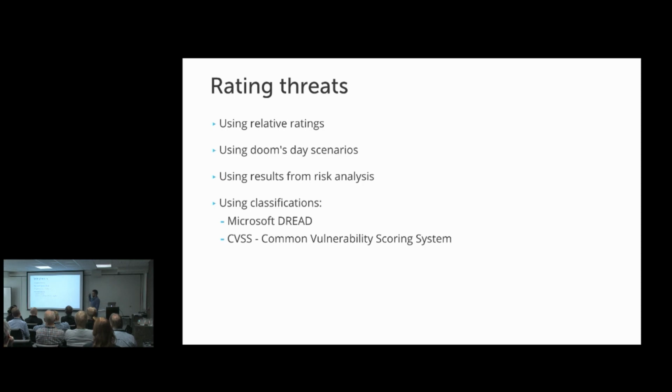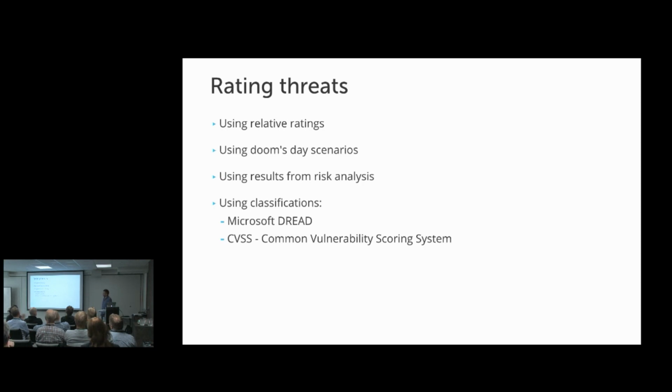It was about how easy it is to discover this threat or bug or flaw, how easy it is to reproduce this vulnerability, how easy it is to exploit it, how many users it affects, et cetera. So you try to put some numbers on things to get a number at the end. You could also use something like CVSS, which is a common way of scoring vulnerabilities in systems.